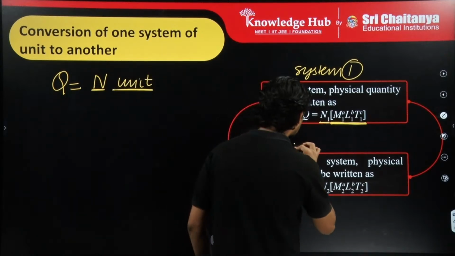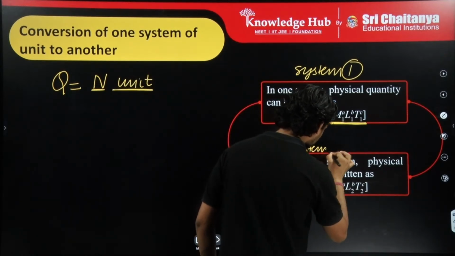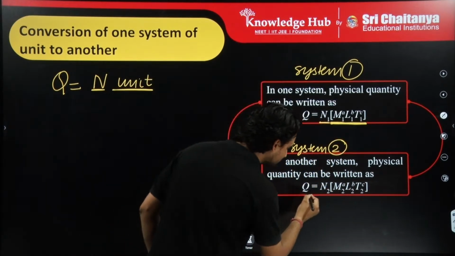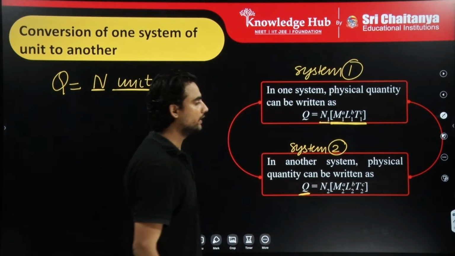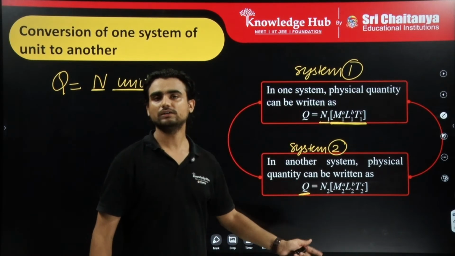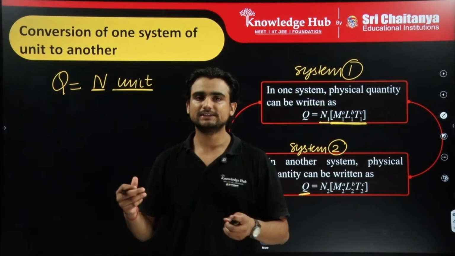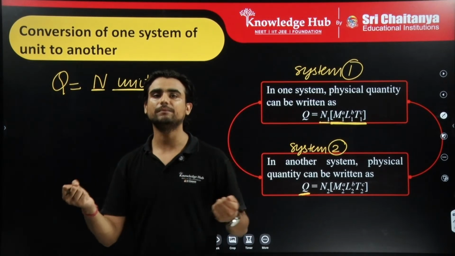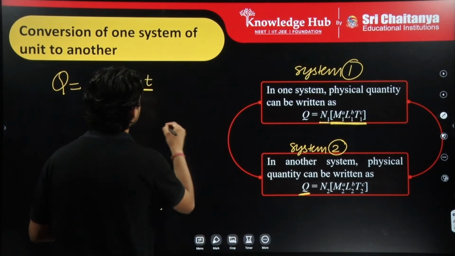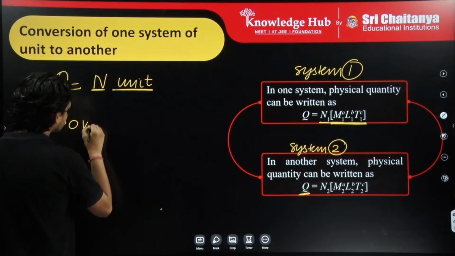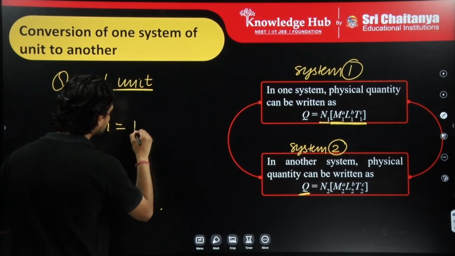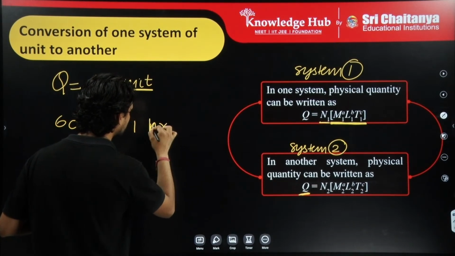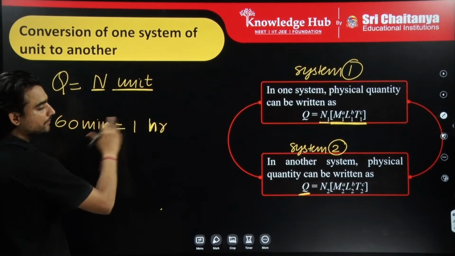This is my system 2, and in my system 2, this is my quantity. Now the quantity will not change. Because if I say that 60 seconds is equal to 1 minute, or 60 minutes is equal to 1 hour, they both mean the same thing.